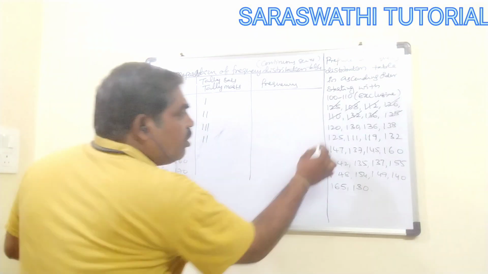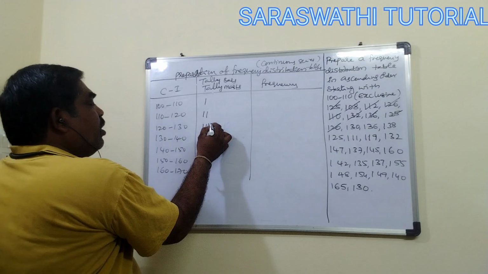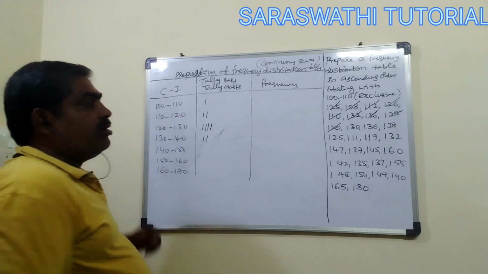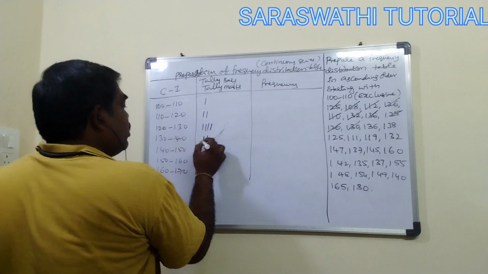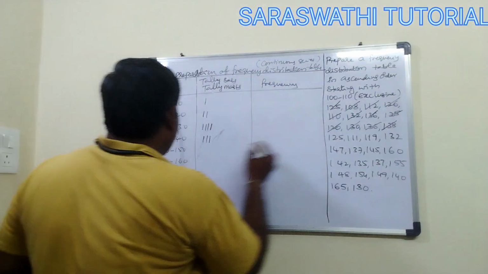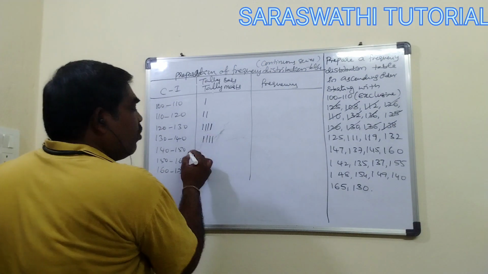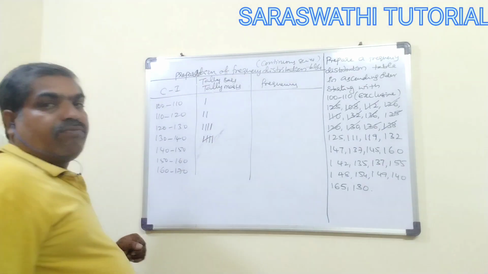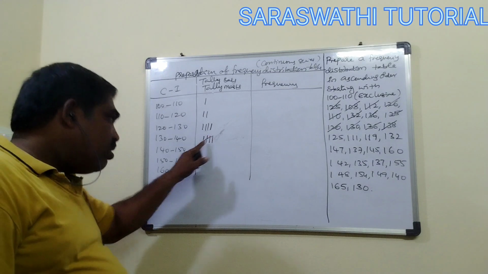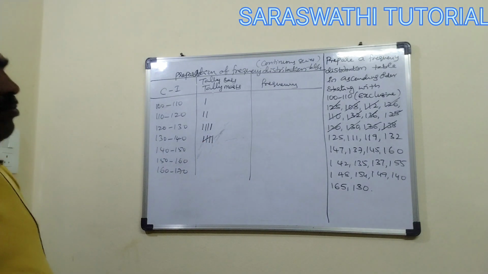Next 120, where does it come? Between 120 to 130, not as upper limit, take as the lower limit. 130, same, 130 to 140. 136, 138, both come in 130 to 140, already 4 completed. For the fifth one, we take a combination of the 5 group: 1, 2, 3, 4, then the fifth crosses those lines.